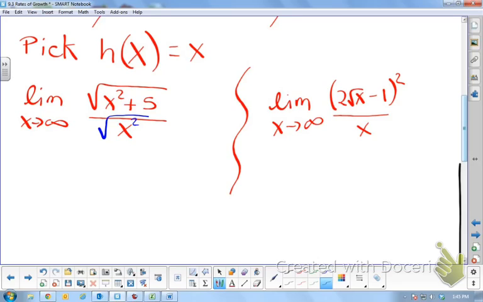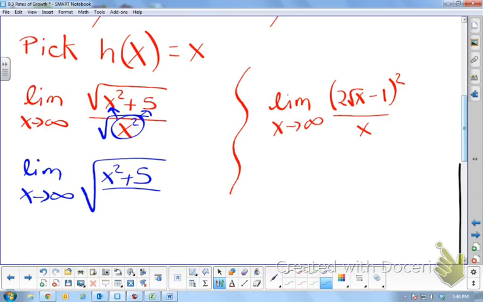But now that this is a square root, poor x, it's been squared and square rooted. I can actually divide this x squared inside the square root. I can combine it all together and have x squared plus 5 over x squared.